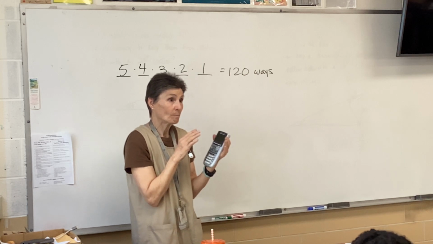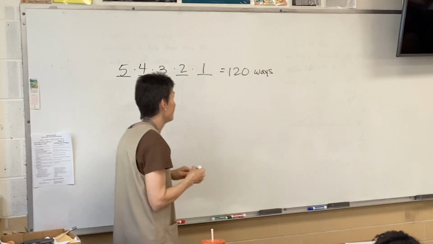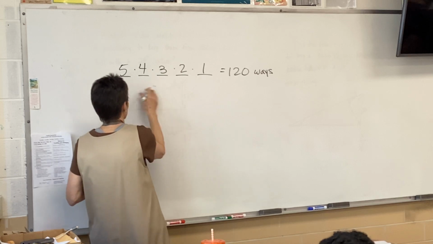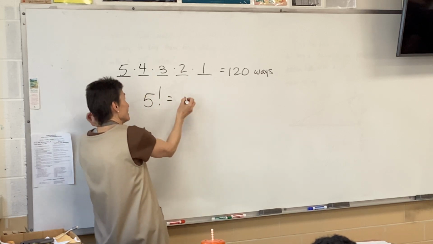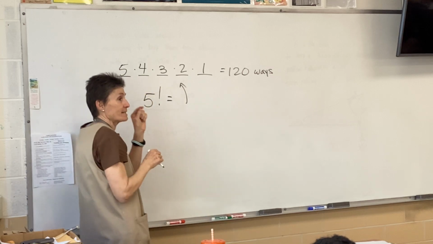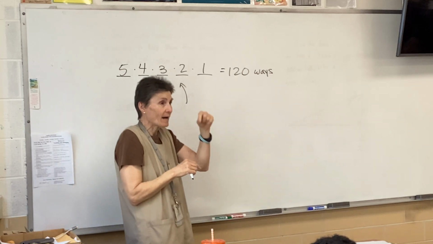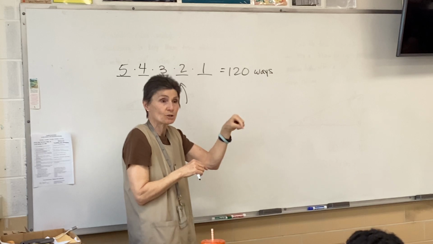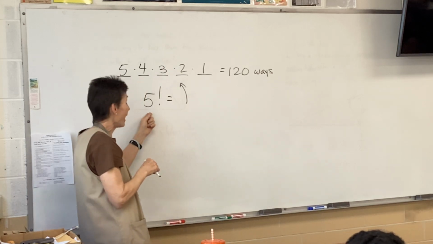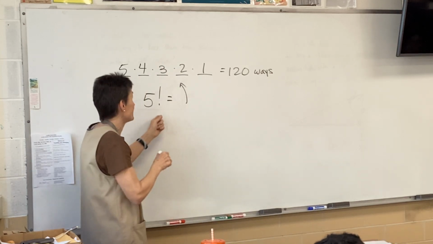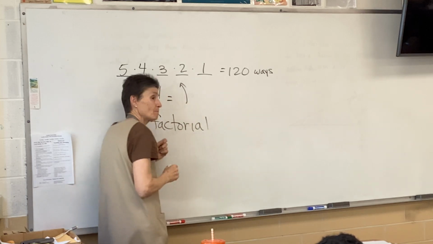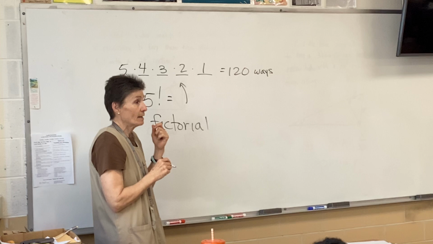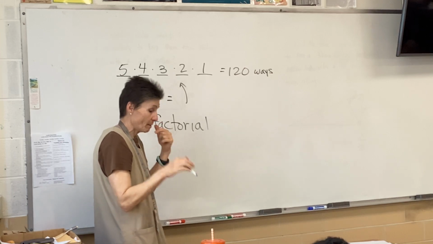That exclamation point is the symbol for factorial. This is 5 factorial. Instead of writing out 5 times 4 times 3 times 2 times 1, we put 5 exclamation point. That is the factorial symbol. And that's how we write it, and that's the button we press.